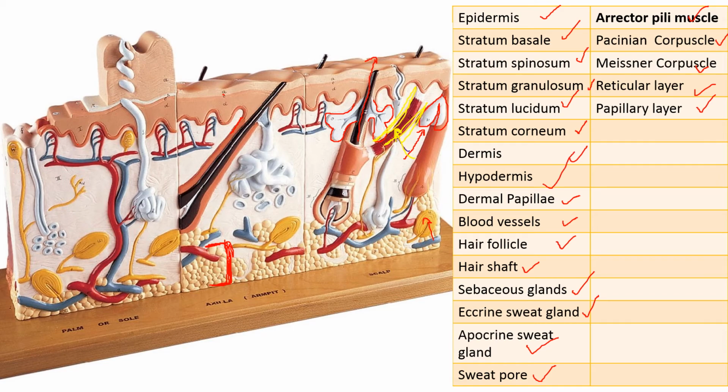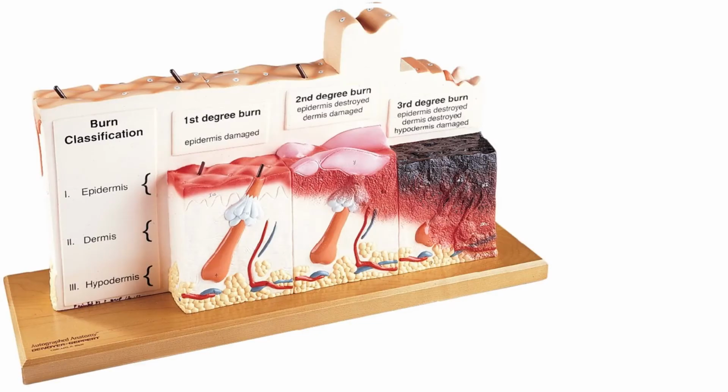All right. Now the back side of this model shows you burns, and I didn't put this on your lab practical review sheet, but it could show up as like a bonus, so it's worth knowing. Remember that burns are categorized according to how many layers of the skin are affected.